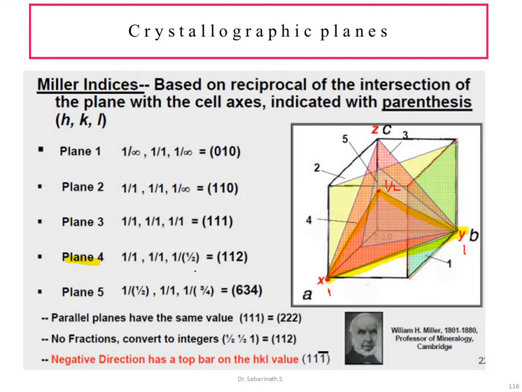On taking the reciprocal, we take 1 by 1, 1 by 1 and 1 by half, so the values will look like 1, 1, 2. So any plane which represents 1, 1, 2 with this origin will look like this.